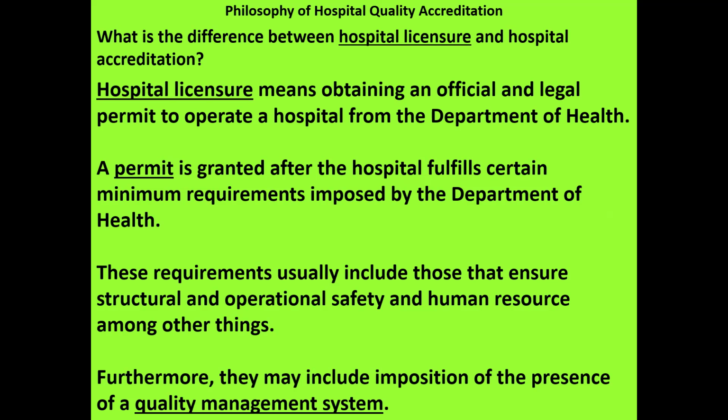These requirements usually include those that ensure structural and operational safety and human resource, among other things. Furthermore, they may include imposition of the presence of a quality management system, which is commonly required nowadays.